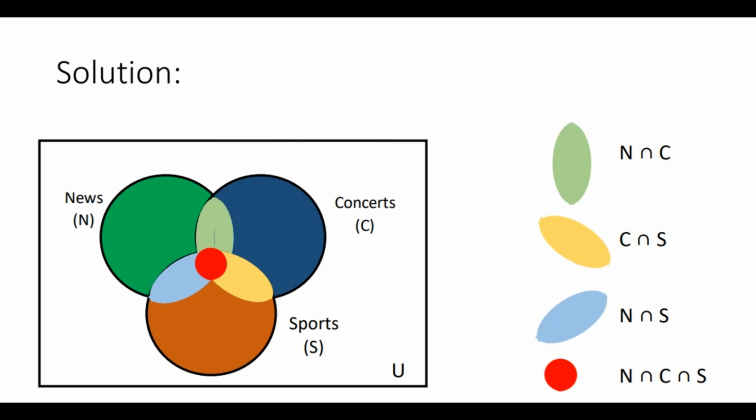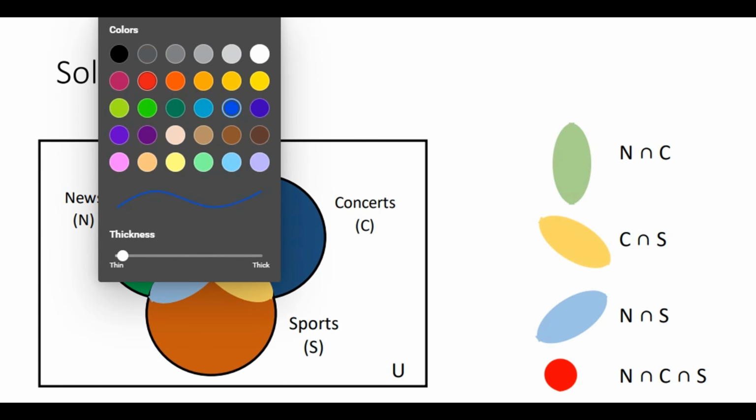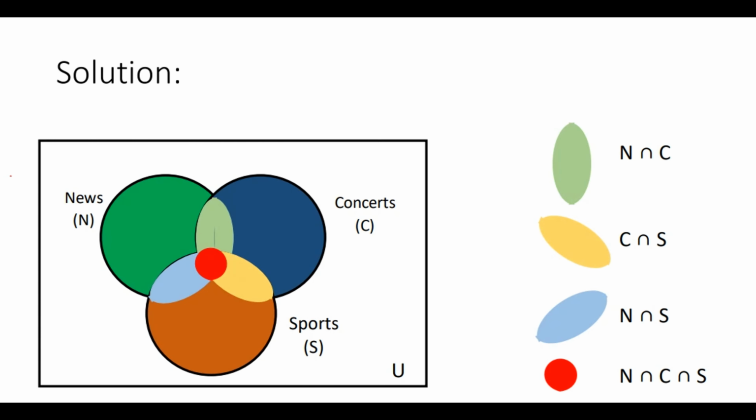This is a typical drawing for a Venn diagram. So I show you different colors here. News is represented in green color. Concert, in blue. Sports, in orange, or I guess brown.